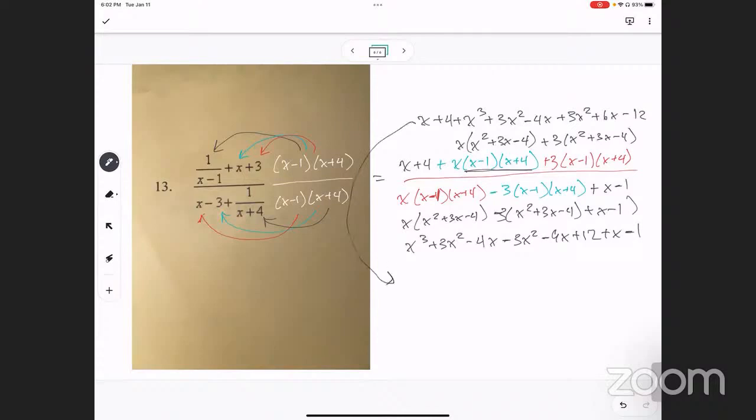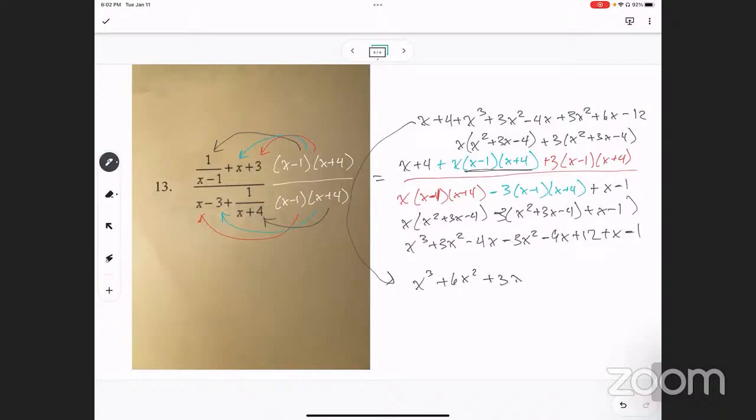So adding like terms together, I have x cubed. Let's look at the x squared terms. I have 3x squared plus another 3x squared, which is 6x squared. I've got 1x minus 4x's is negative 3, plus 6, which is positive 3.